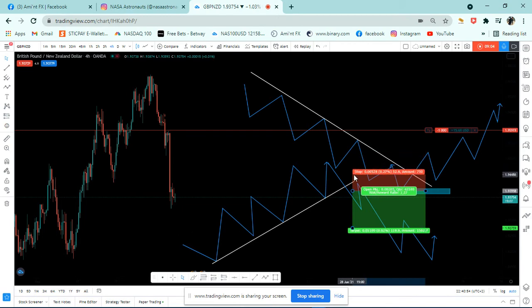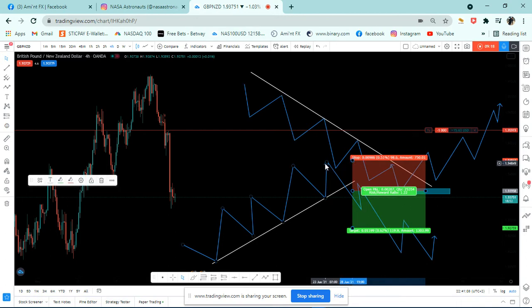So you put your stop loss above the previous high, or just the same line as the previous high.